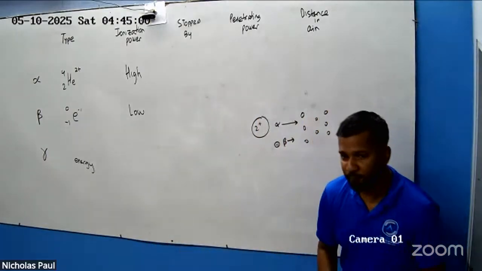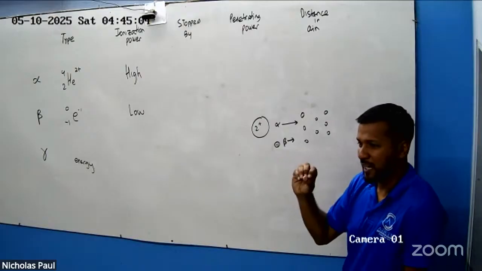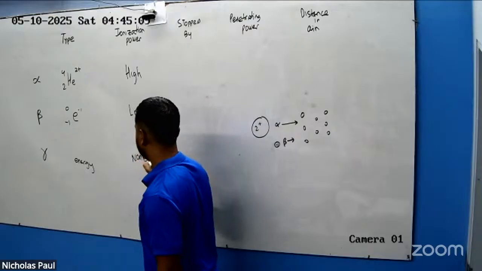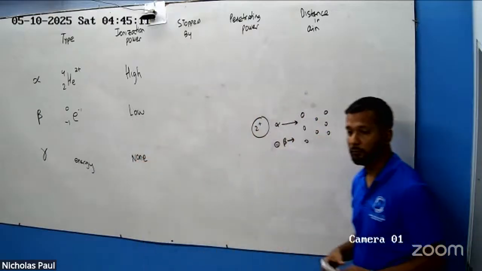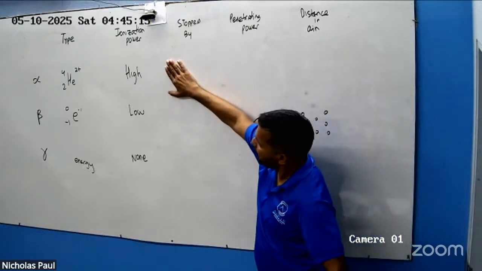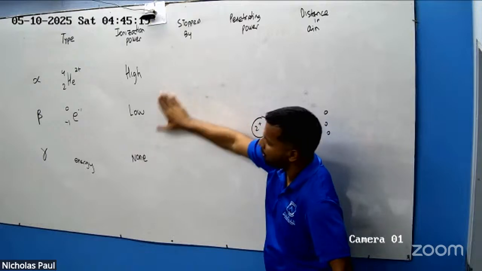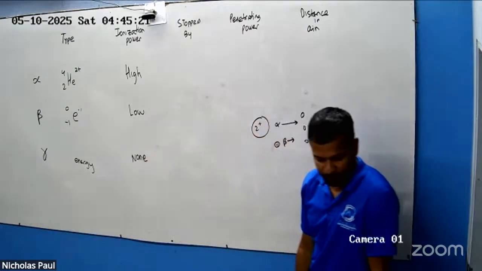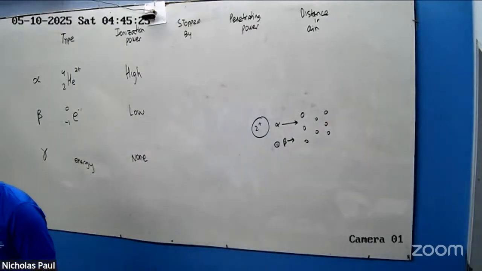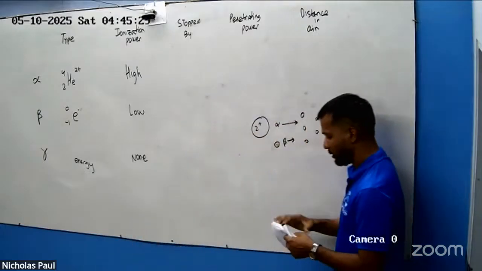Could gamma cause ionization? Gamma has no charge, so you can say none. All right. So ionization power, alpha is the highest, beta is low, gamma has no effect. Okay? And ionization basically means the ability to turn something into an ion, which is to give it a charge, right?